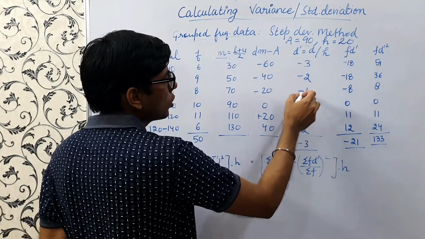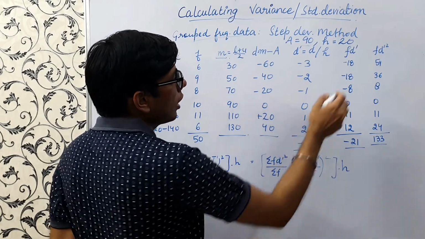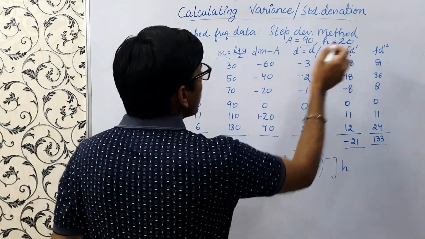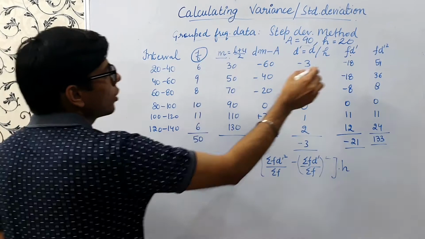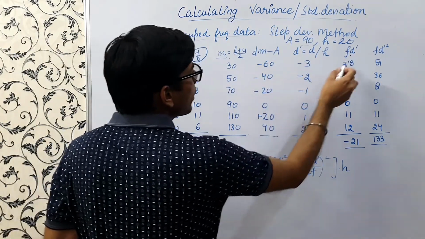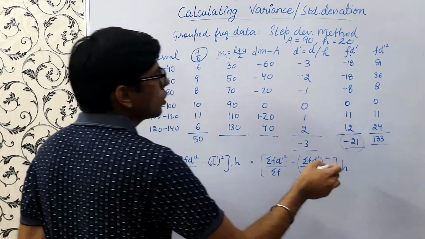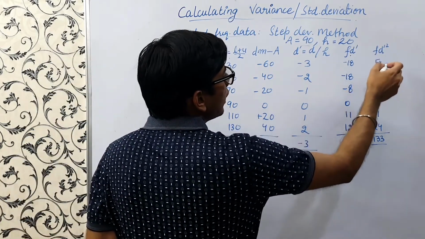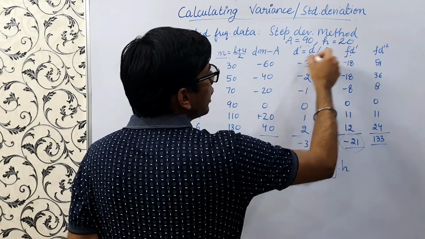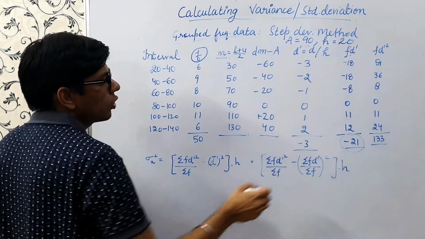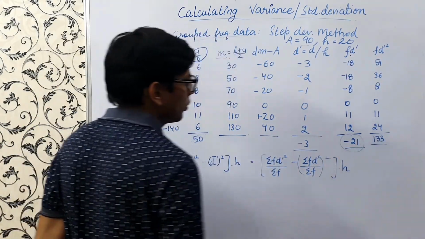So minus 3, minus 2, minus 1 and so on, right? So then we have multiplied the deviations by F. This is our frequency. So this is F D dash, 6 into minus 3, minus 18, 9 into minus 2, minus 18 and so on, which sums to be minus 21. And then the F D dash square. Then we have multiplied D dash square by F, which sums to be 133.